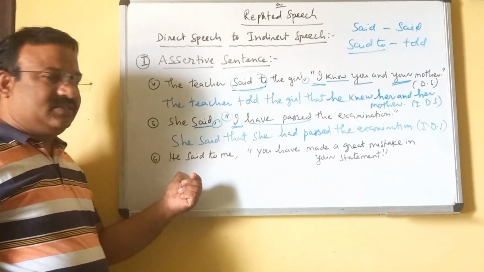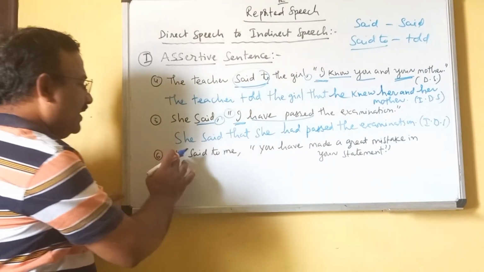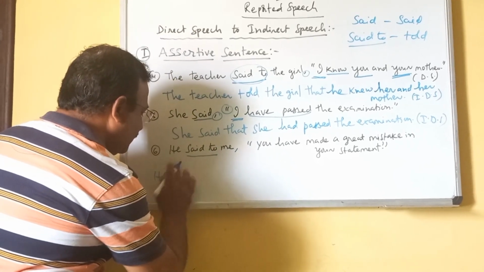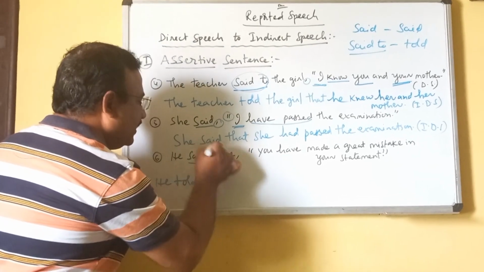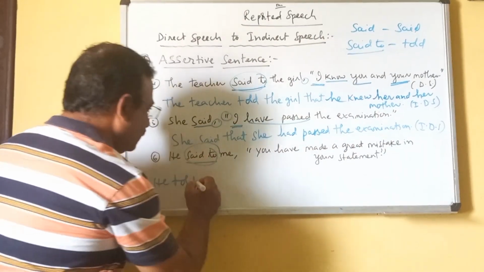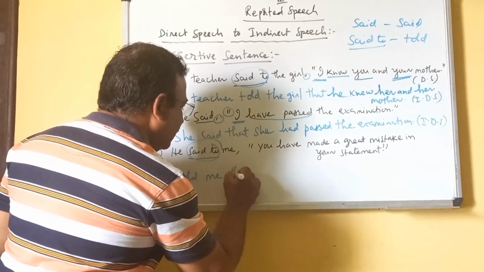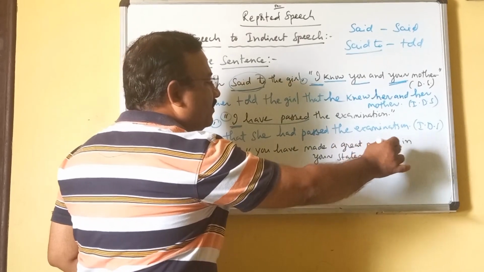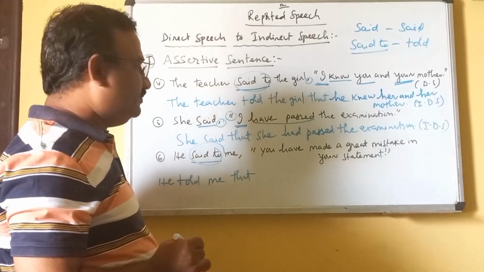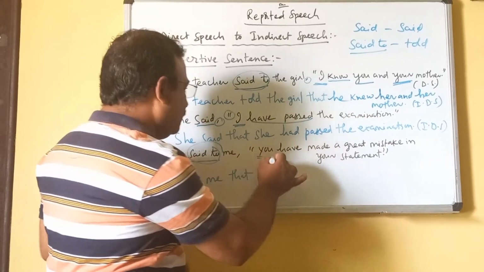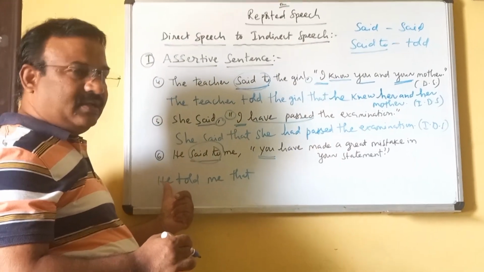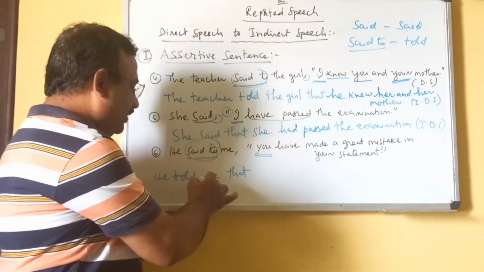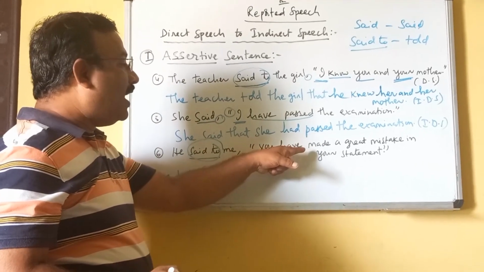Okay, let us see one more example. He said to me. Same: he told me. Said to, you can say told me that you have made a great mistake in your statement. You: who is that? Here the reporter. He told me that you have.